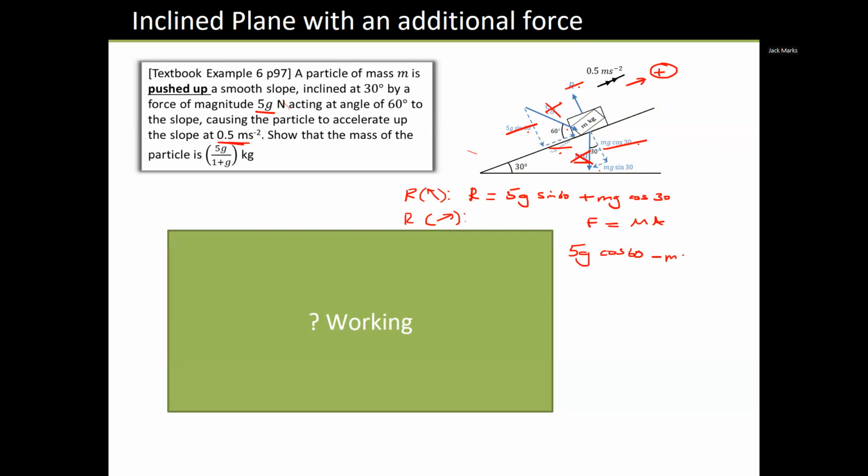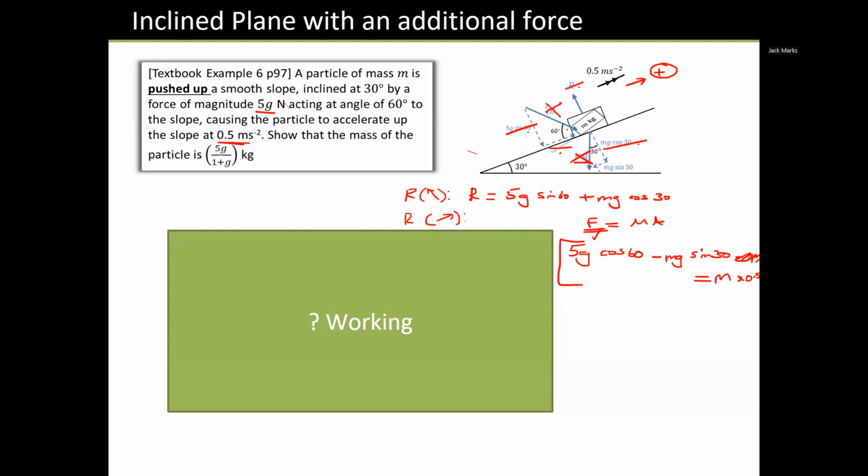So minus mg sine 30. So that is my resultant force. What's this equal to? It's equal to ma. The m is just m. I don't know what that is yet. Let's do this underneath. Is equal to m, and a is 0.5. So this is the equation that I'm going to have to use to answer this question.